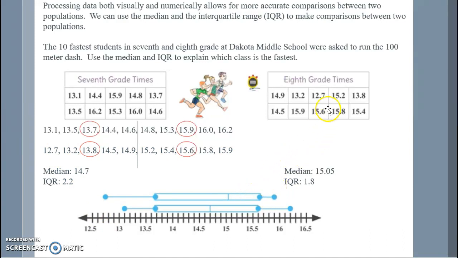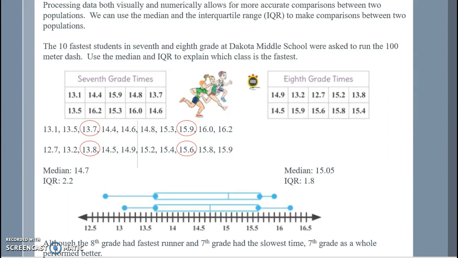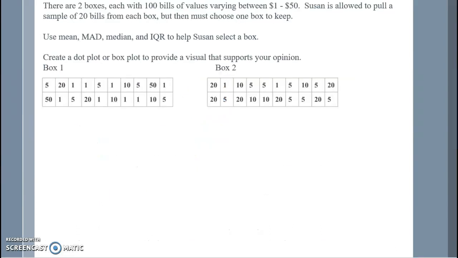So this top one represents the 8th grade team, and the bottom one represents the 7th grade team. Although the 8th grade had the fastest runner, and the 7th grade had the slowest time, 7th grade as a whole performed better since most of the data points are more evenly distributed.